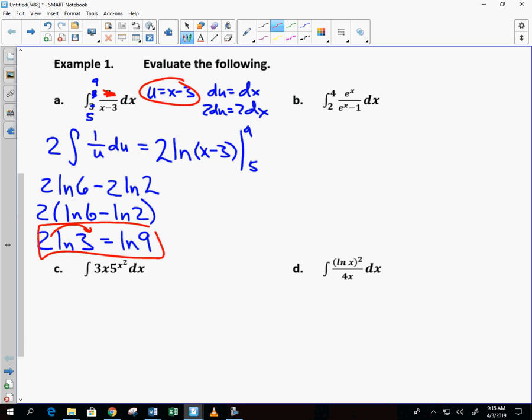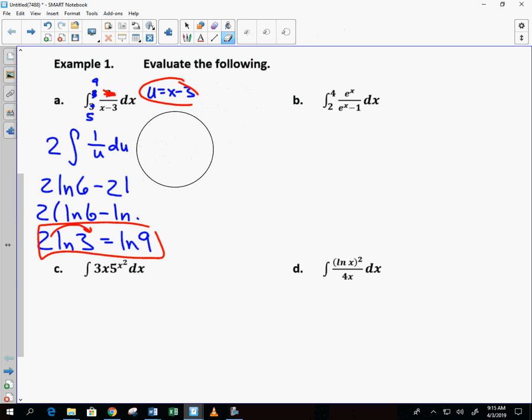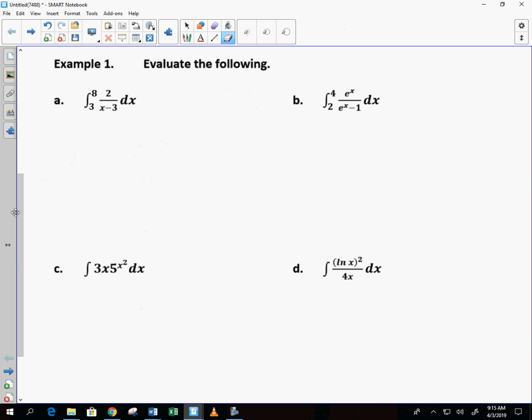All right, letter B. Anybody want to guess what u is in this situation? e to the x minus 1. So u is equal to e to the x minus 1. So what is du? Isn't that nice?